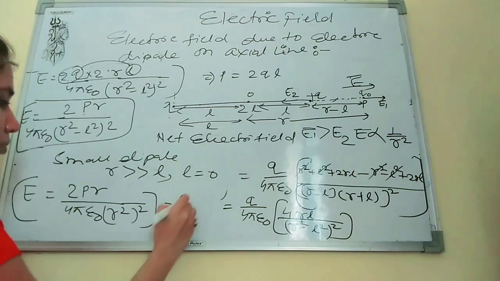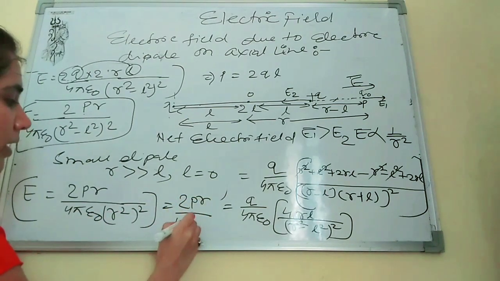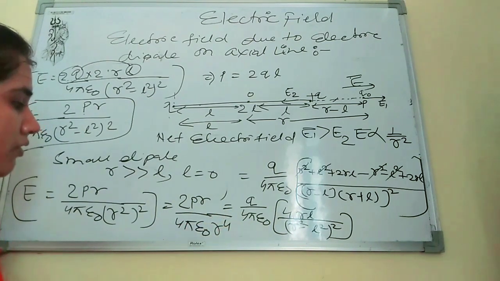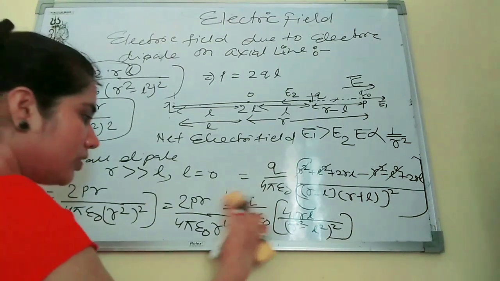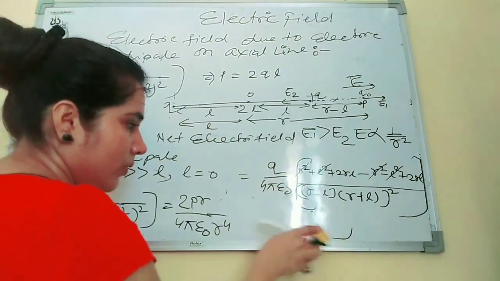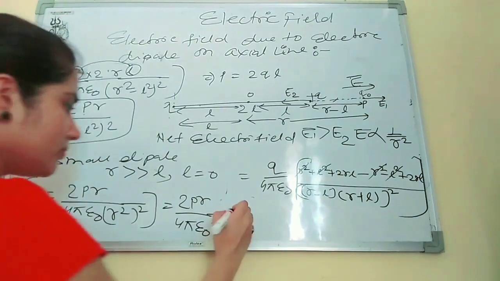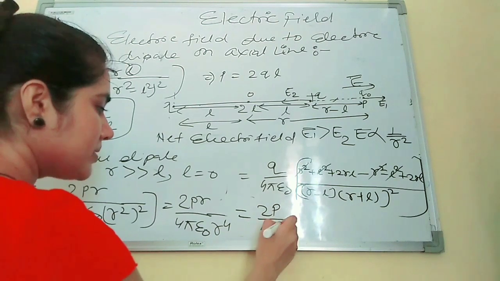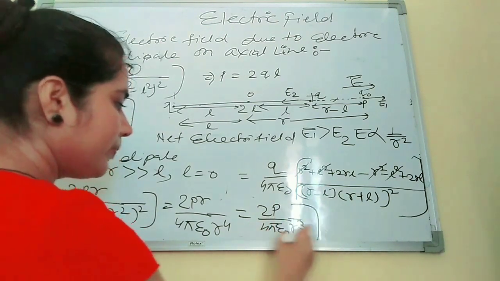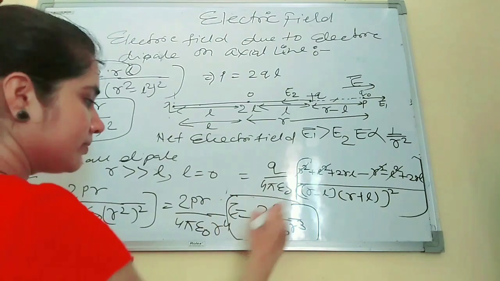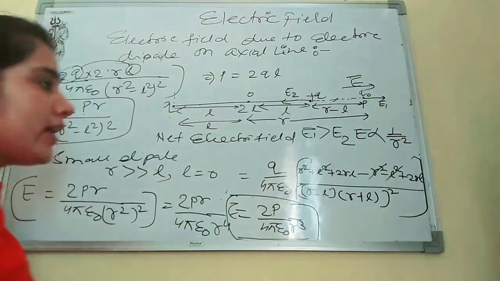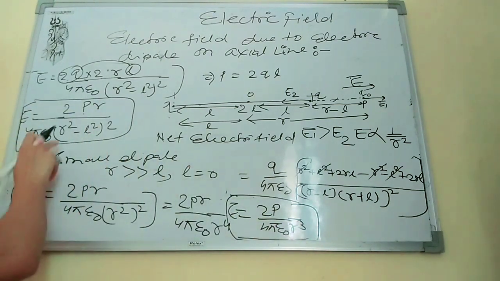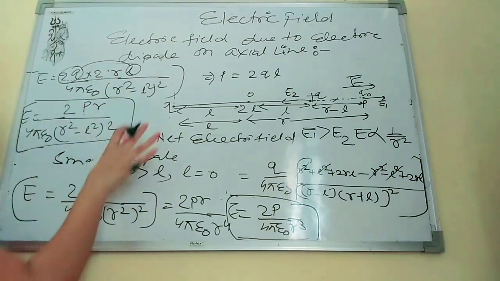This becomes 2pr upon 4 pi epsilon naught r to the power 4, and one r will be cancelled out with the r, so it becomes 2p upon 4 pi epsilon naught r cube. This is the E for the small dipole, where L gets neglected. With L we get the whole net electric field.